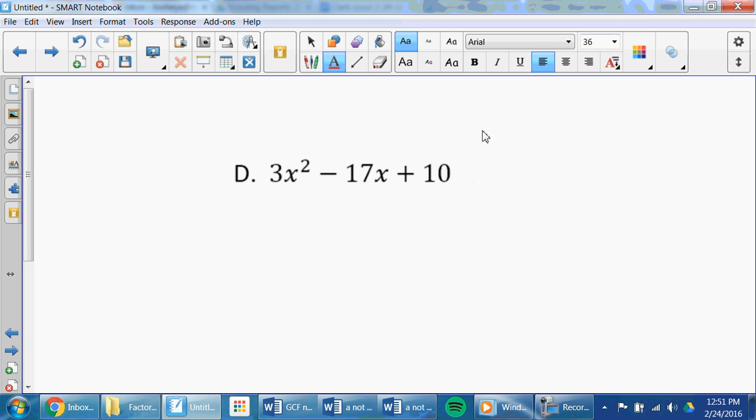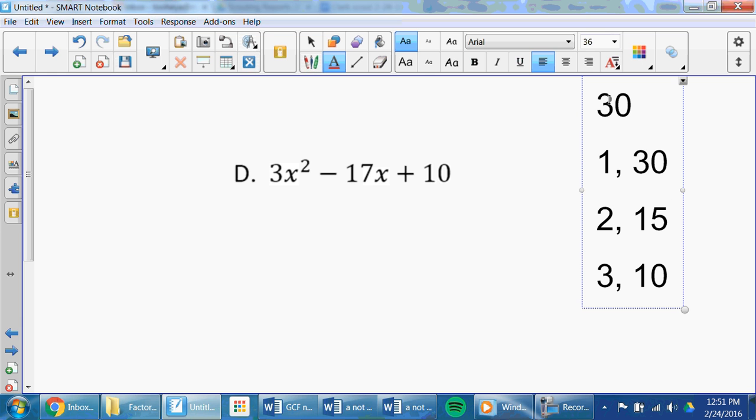All right. D here is another one just like that. So I do A times C, 3 times 10, factors of 30. They're going to add to B, negative 17. So I've got 1 and 30, 2 and 15, 3 and 10, 5 and 6. To get to negative 17, I like 2 and 15 to use.